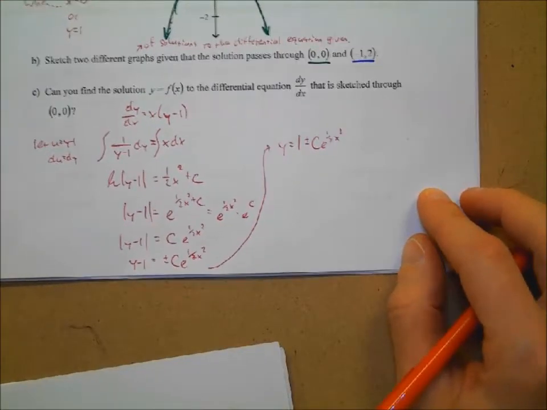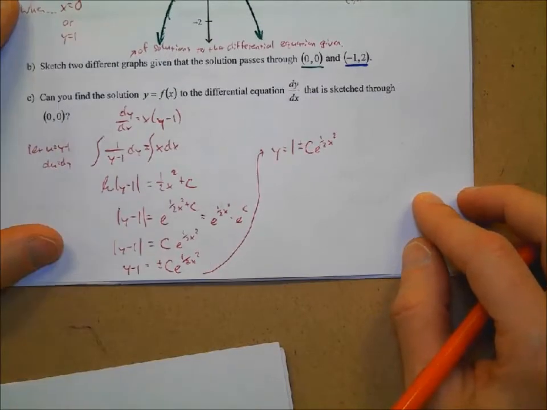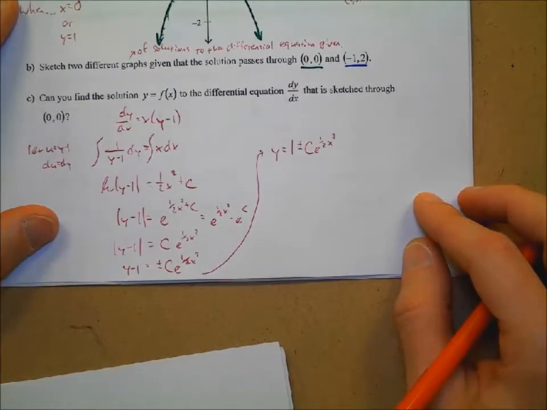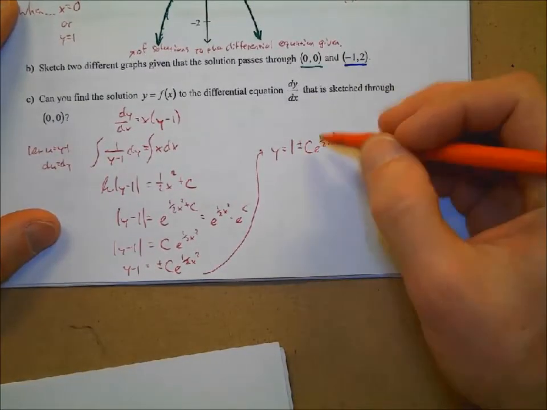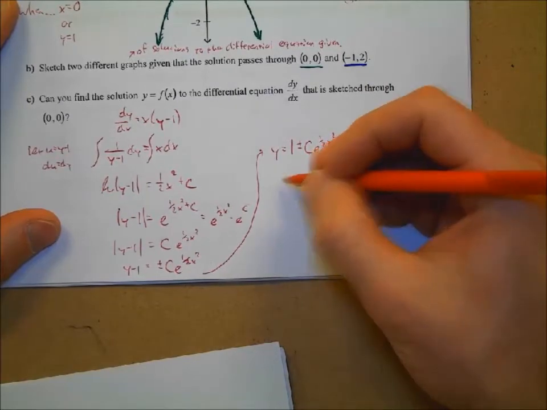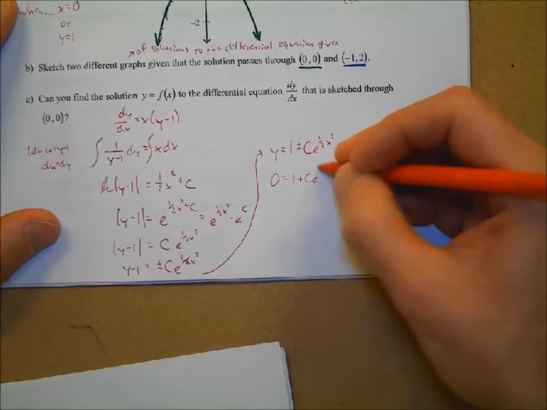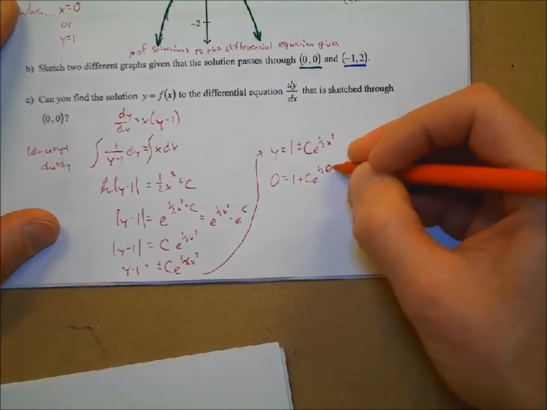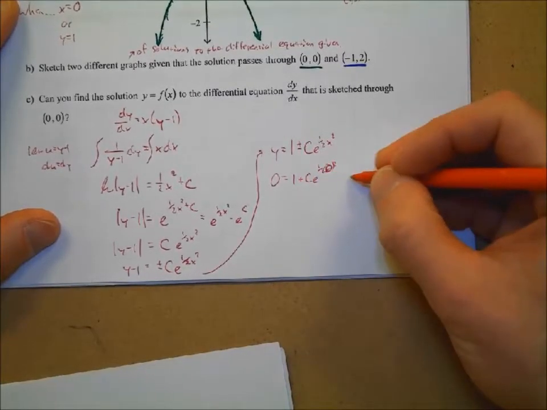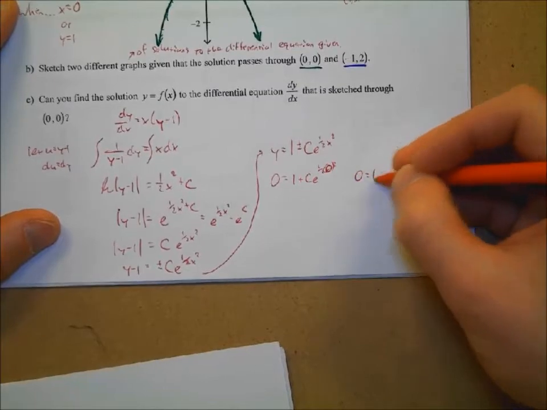All right, and we have to find our c value, so we're going to plug in 0 here. So we get 0 equals 1, and I'll do the 1 plus version here, and the 1 minus version here.